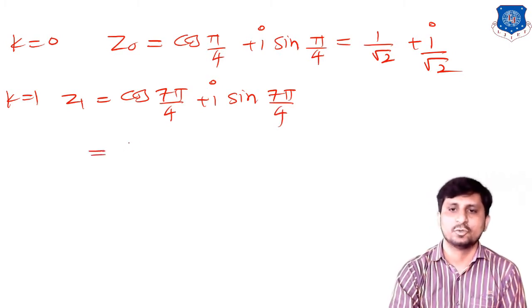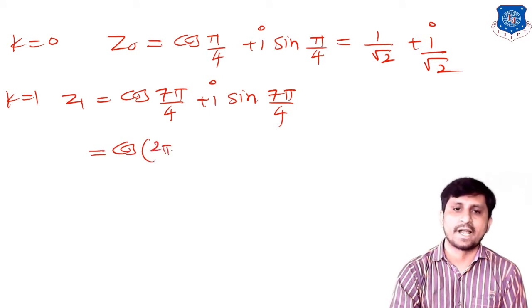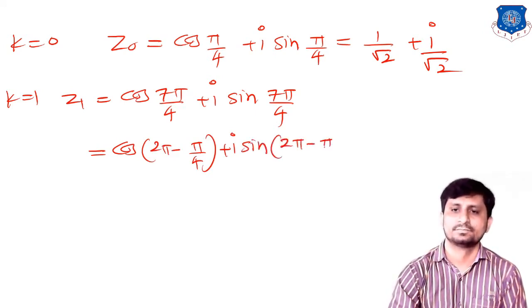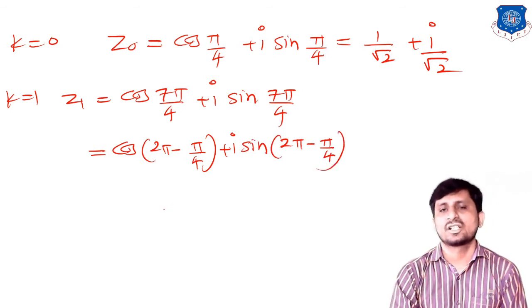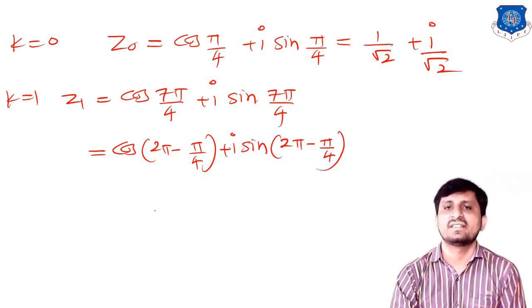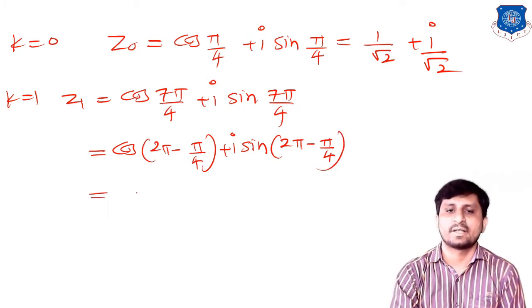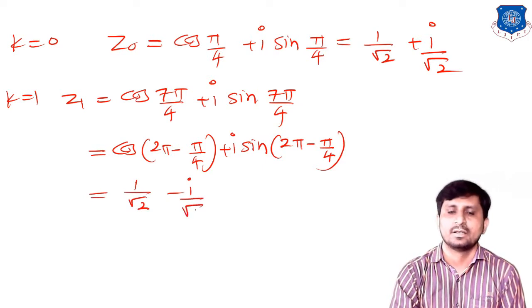So I can write cos (2 pi minus pi by 4), and this is in the fourth quadrant. In the fourth quadrant, the cos function is positive and the sin function is negative. So that's why this is cos pi by 4 minus i sin pi by 4, so I can write 1 by root 2 minus i by root 2.